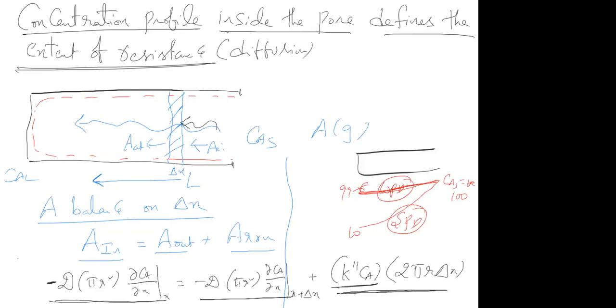Negative because this dCA by dx is negative, because this is the diffusion equation. I am not writing anything new. Diffusion is D into area into concentration gradient. You should put a negative sign because molecules will always diffuse from high gradient to low gradient. Similarly, you put a negative sign for conduction.